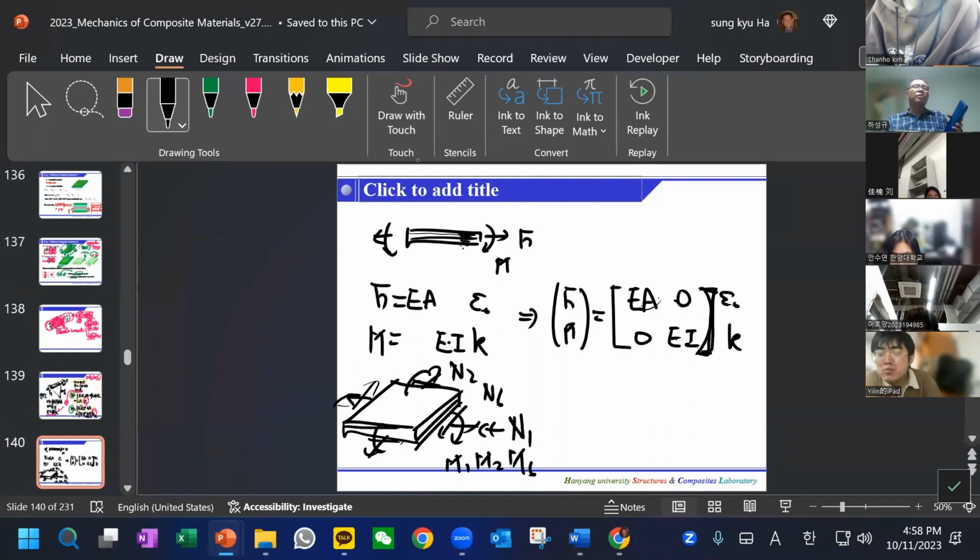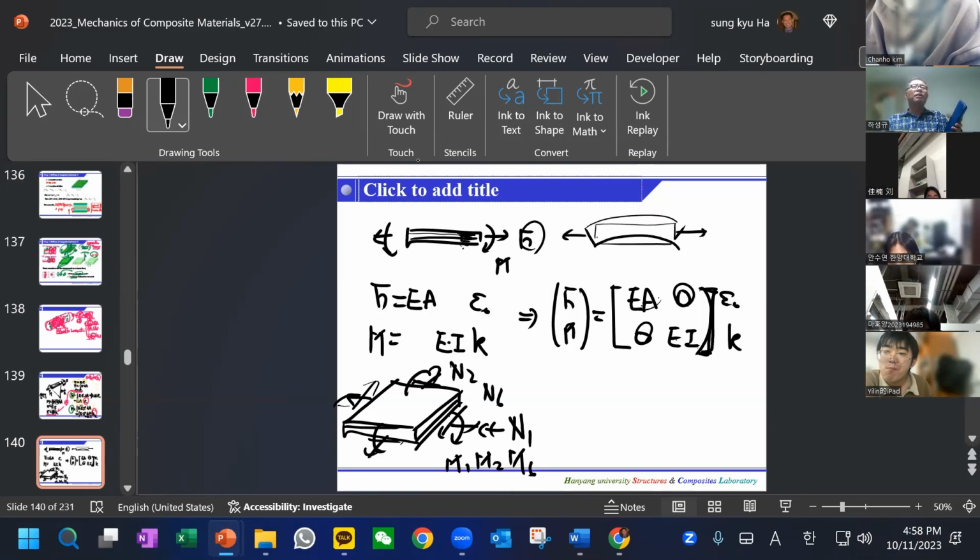And now this 0, what does it mean? It means that this axial load and this curvature, depending on the layup sequence, on the F, this may have a deformation.